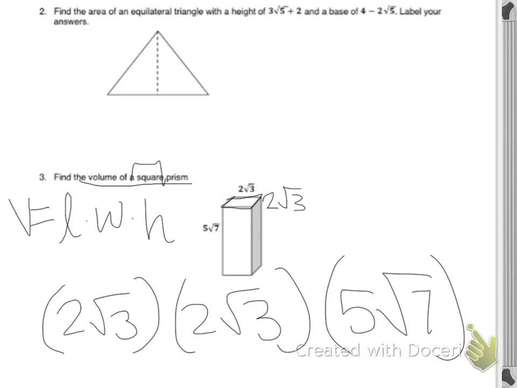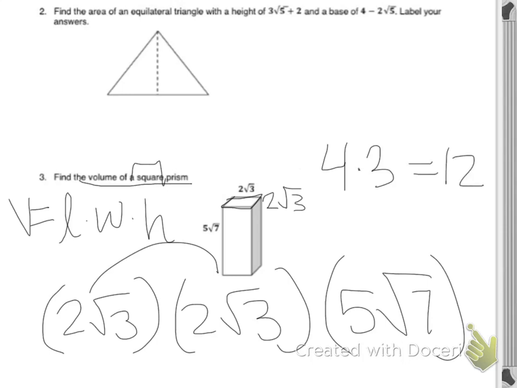So 2 square root of 3 times 2 square root of 3 is, not 2, sorry, 4 times 3. And then 4 times 3 is 12.